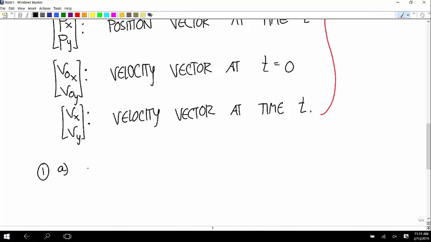So equation 1a says vx is equal to v0x plus ax times t. And equation 1b says vy is equal to v0y plus ay times t.